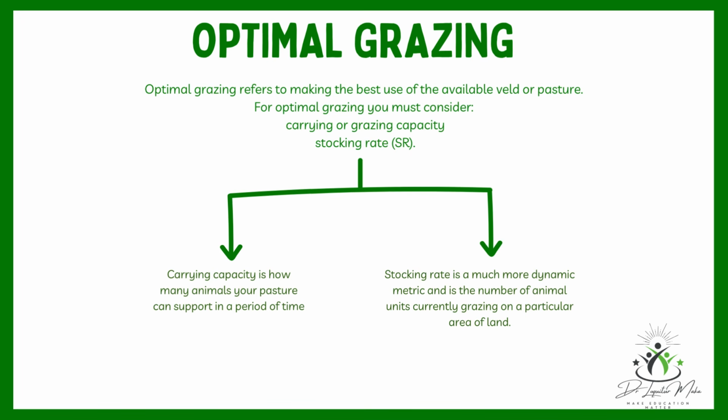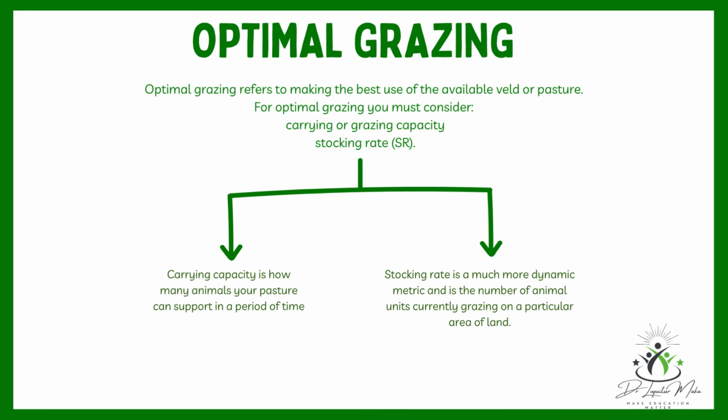It determines the grazing capacity, the utilization rate, how often these animals utilize the pastures, the daily intake, and also the length of the grazing season. So it can fluctuate. Then we have the stocking rate.